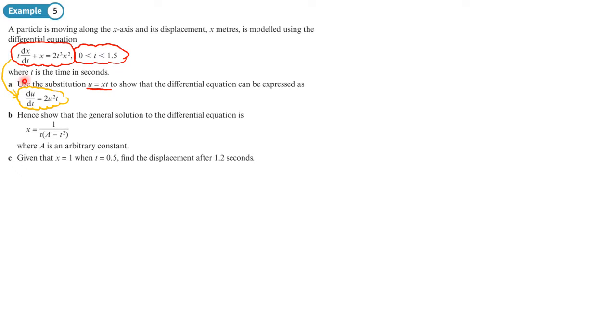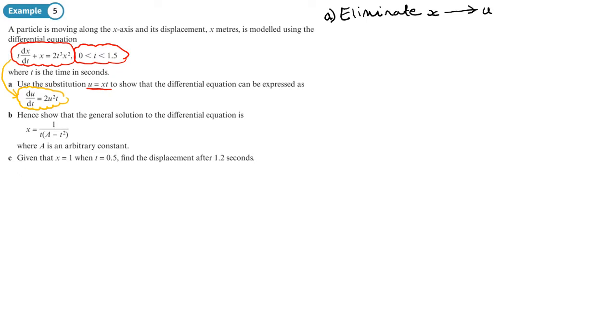So before we dive in, let's look at what has been substituted. Well, this contains x, this doesn't contain x, it contains u. So in part A, we basically want to eliminate x and replace it with u's.